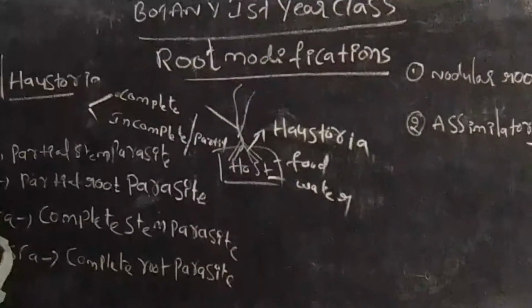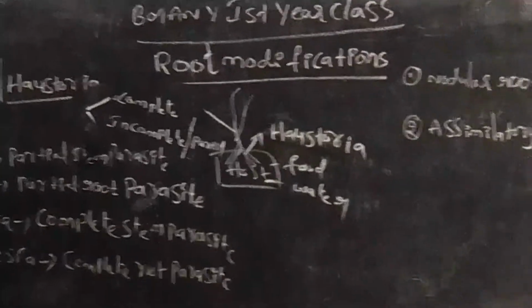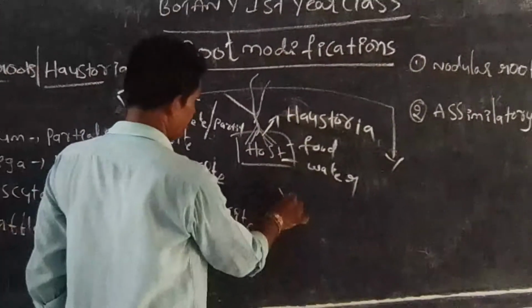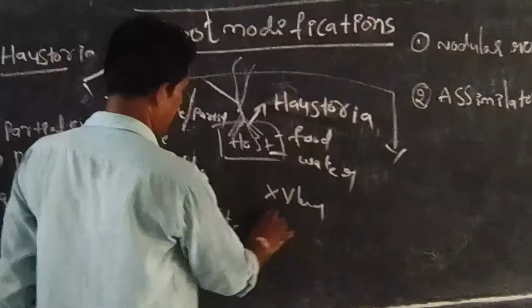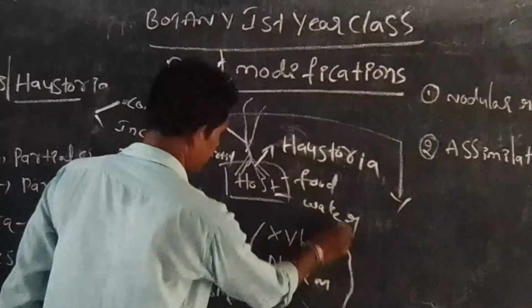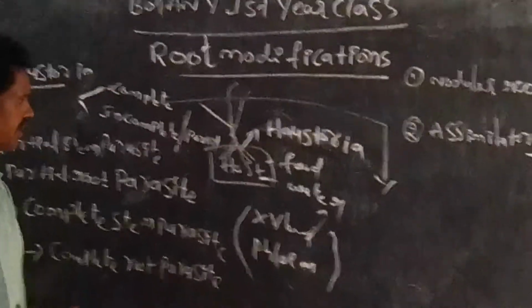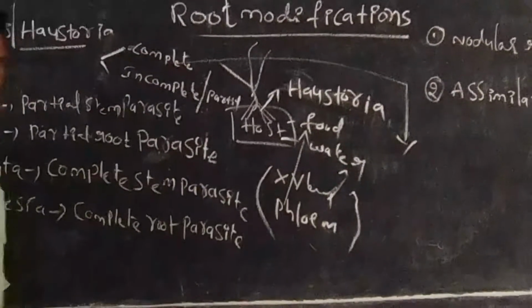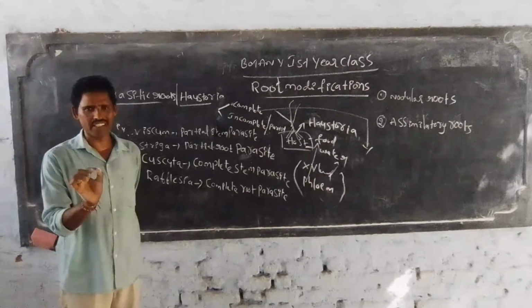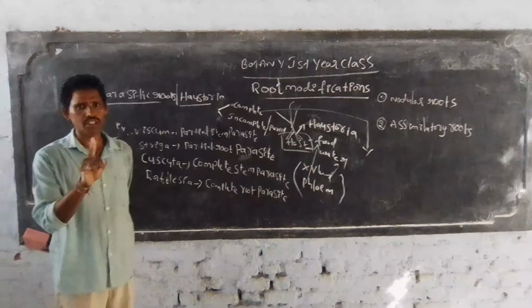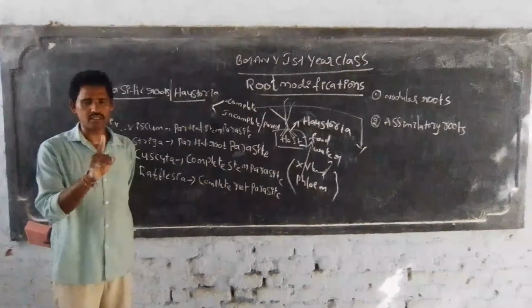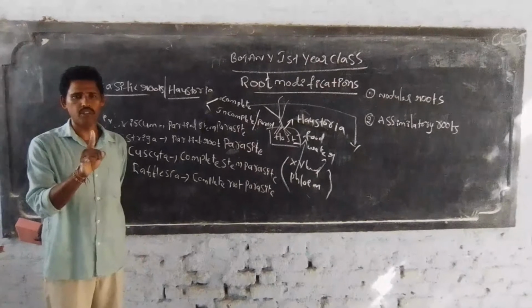A complete parasite provides Haustoria into xylem to take water and into phloem to take food.